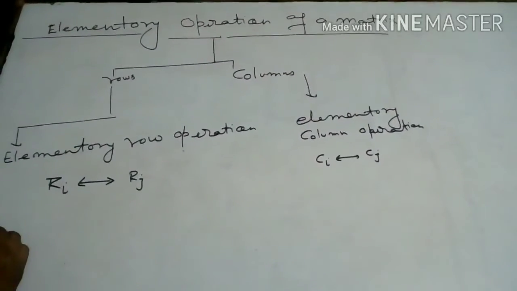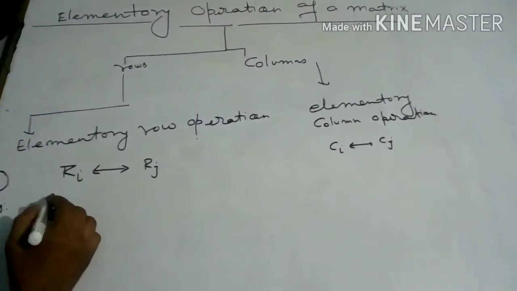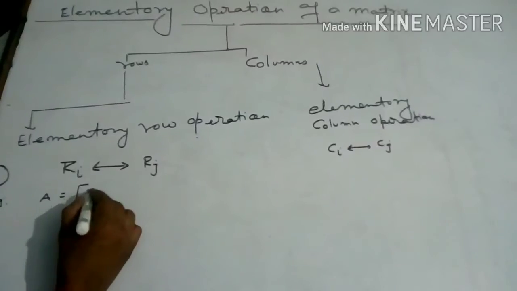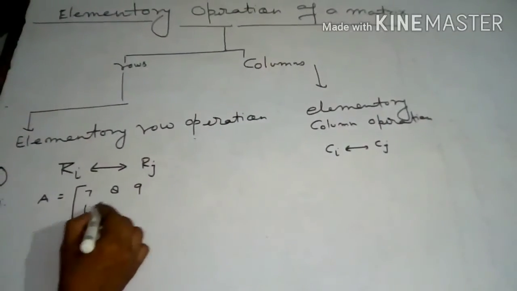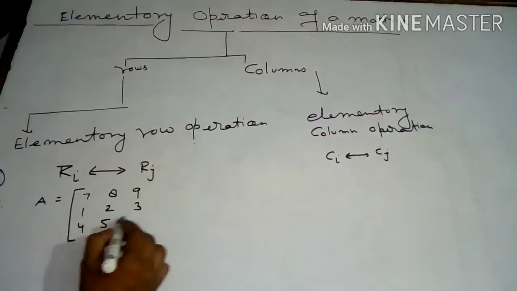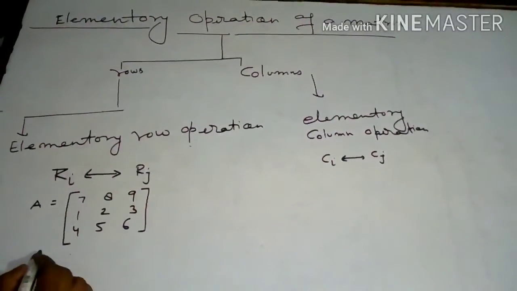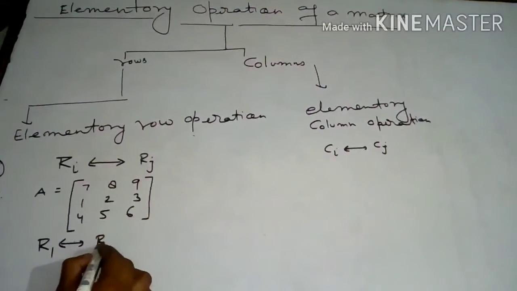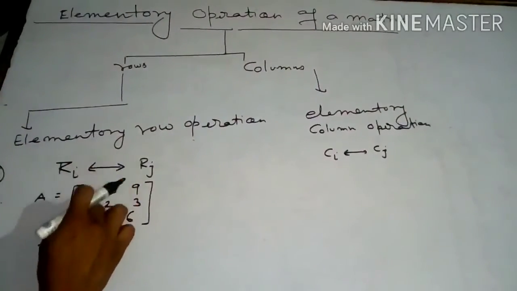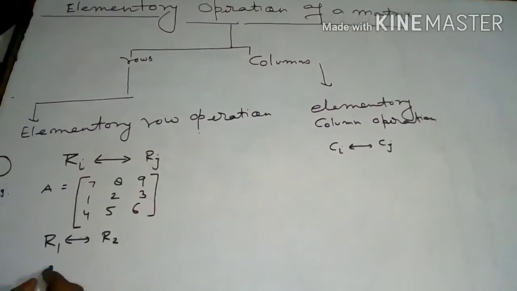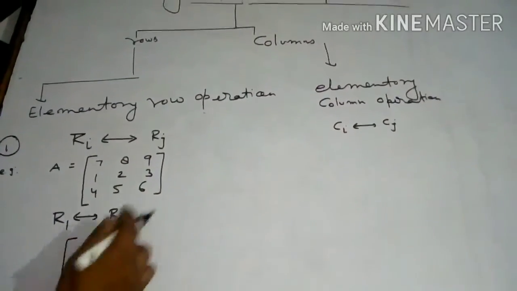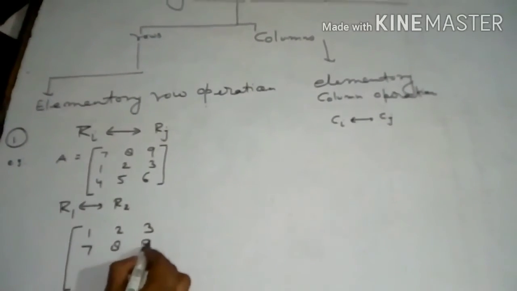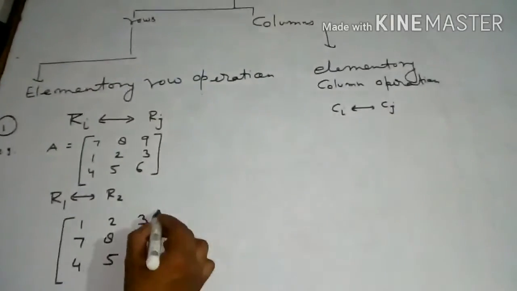For example, suppose we consider a matrix A equal to 7, 8, 9, 1, 2, 3, 4, 5, 6. Here we want to interchange the first row with the second row, meaning the first row becomes the second row and the second row becomes the first row. So after interchanging we will get 1, 2, 3, then 7, 8, 9, and here 4, 5, 6.